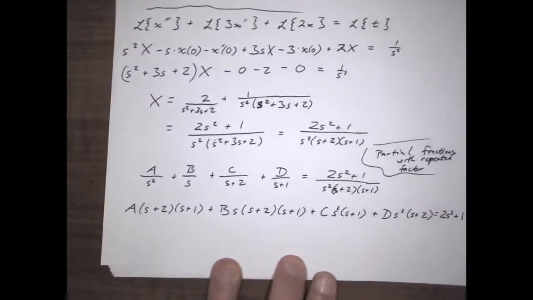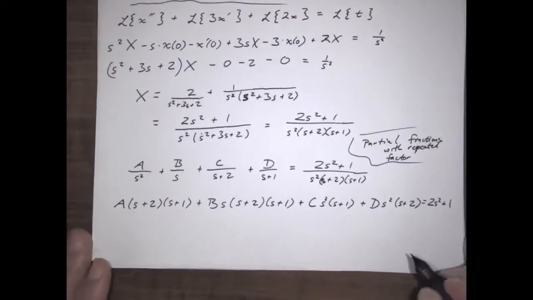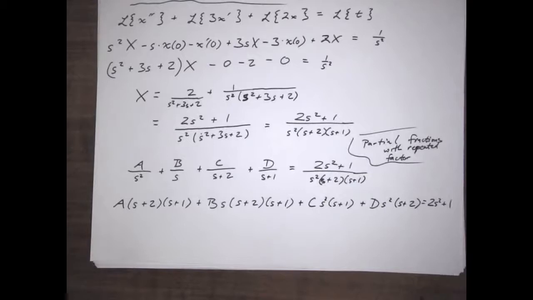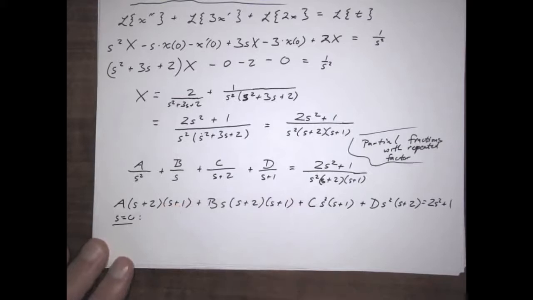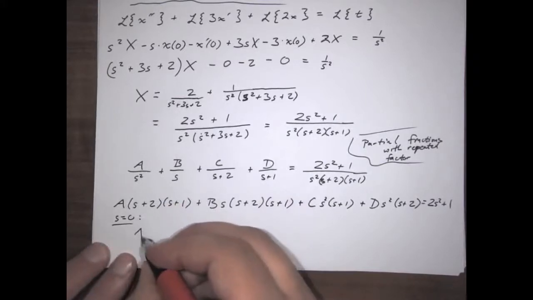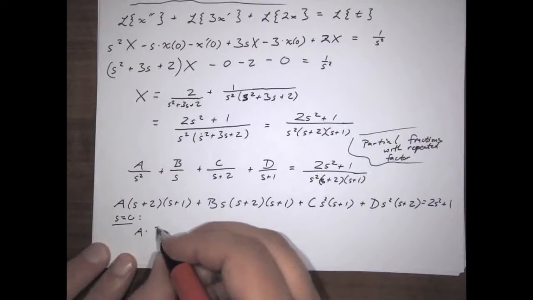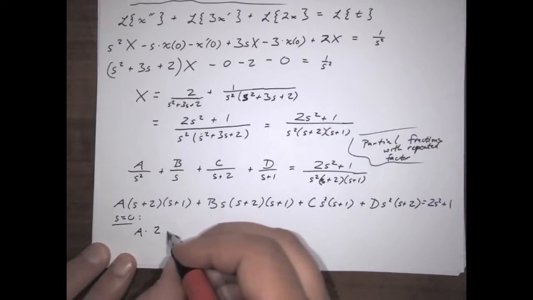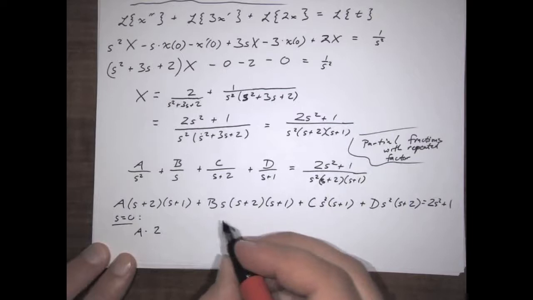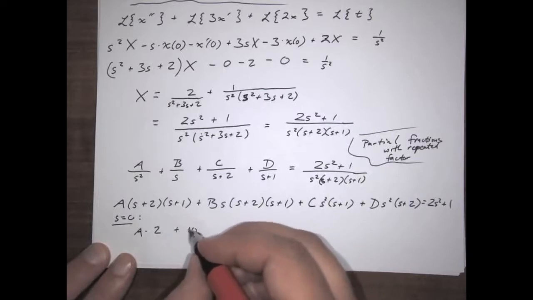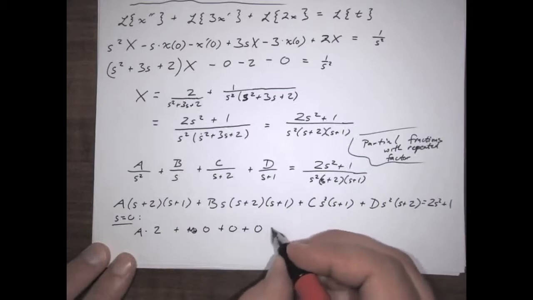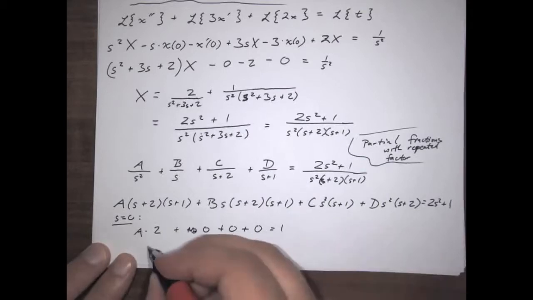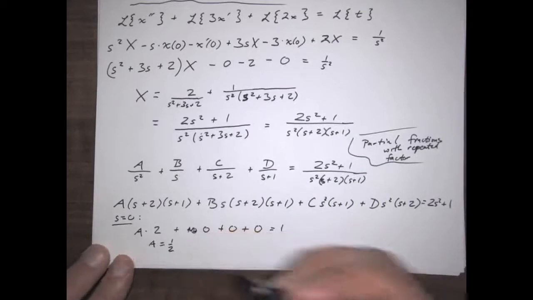Now we can do very similar things to what we typically do in partial fractions. We can set s equal to 0 to see what happens, and every term disappears except for the A, so it's going to be A times 2 times 1 plus 0, plus 0, plus 0 is equal to 1, so A equals 1/2. Good to know.